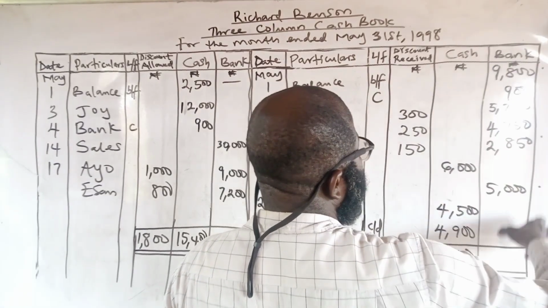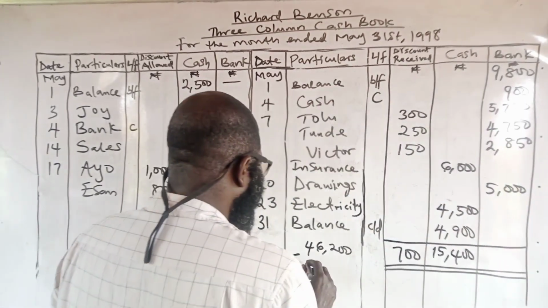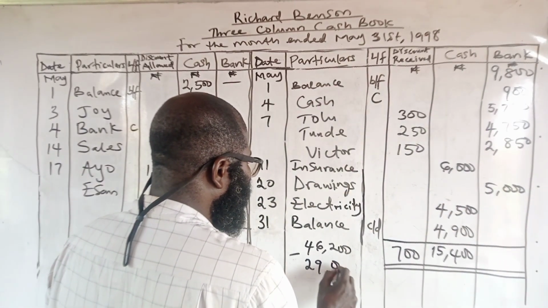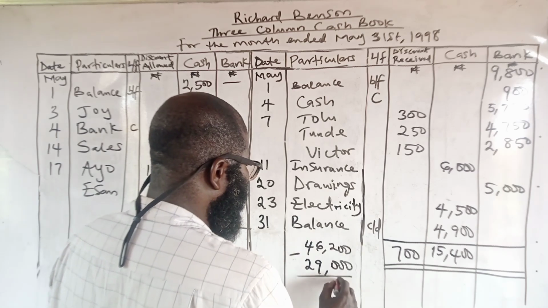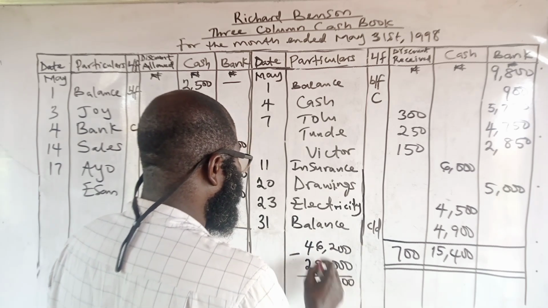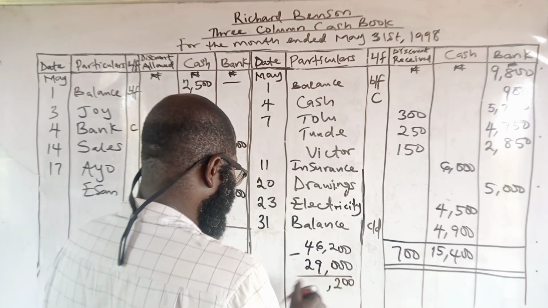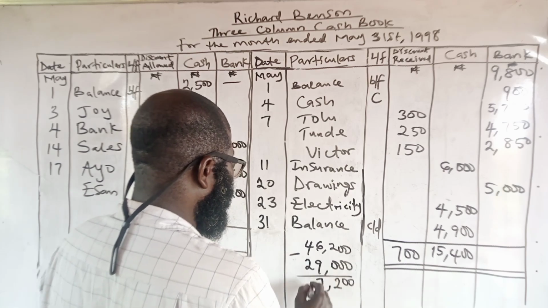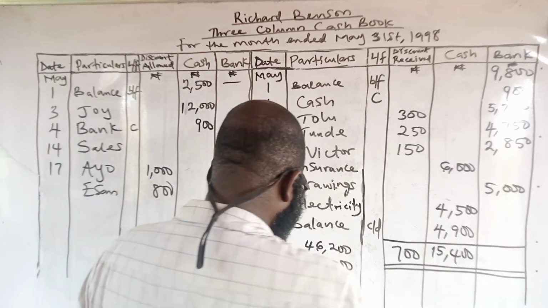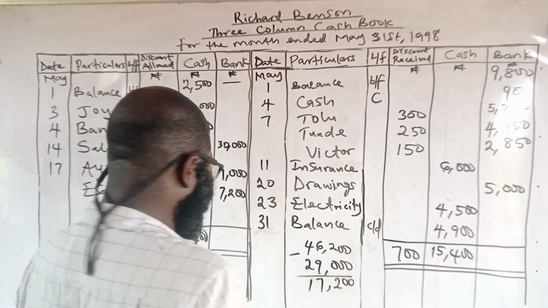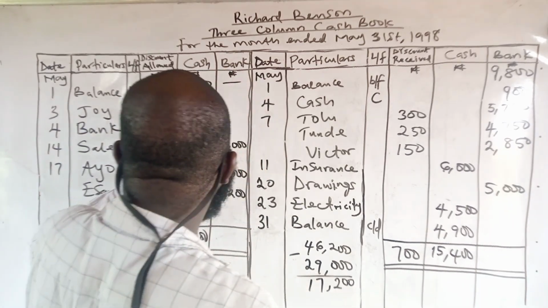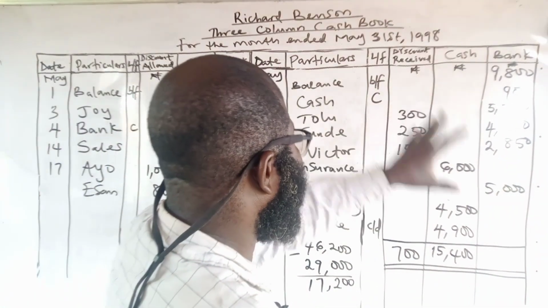Then for the bank column, the figures we have in here, the total figure is 29,000 naira. Then you take it away. Then we have 17,200 naira, meaning that the debit side is greater than the credit side.